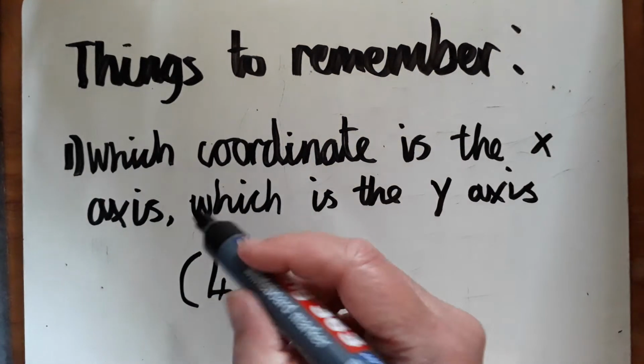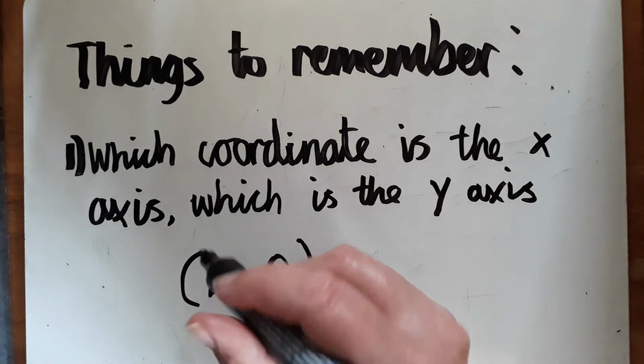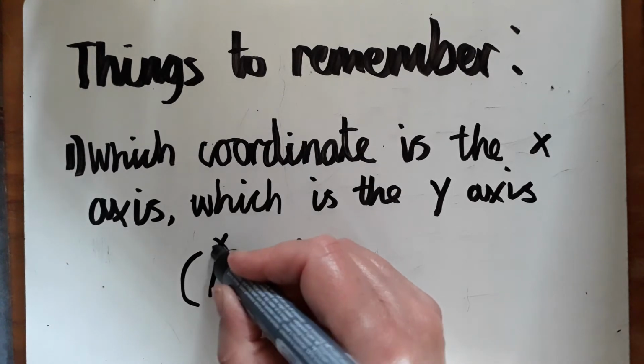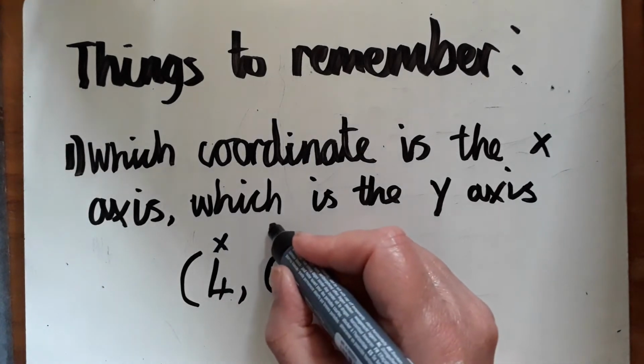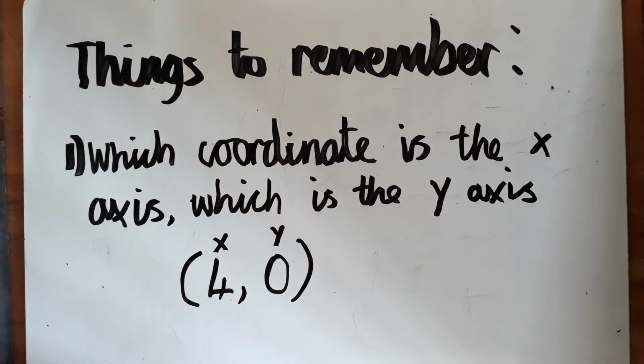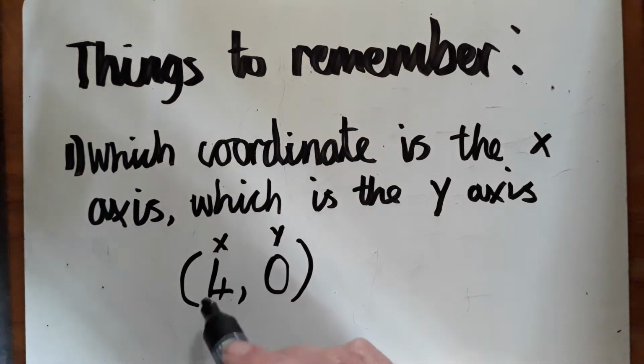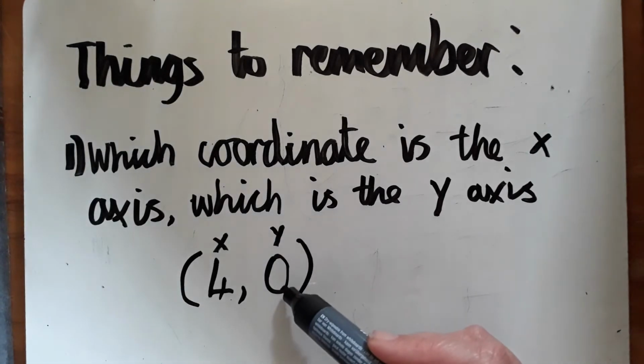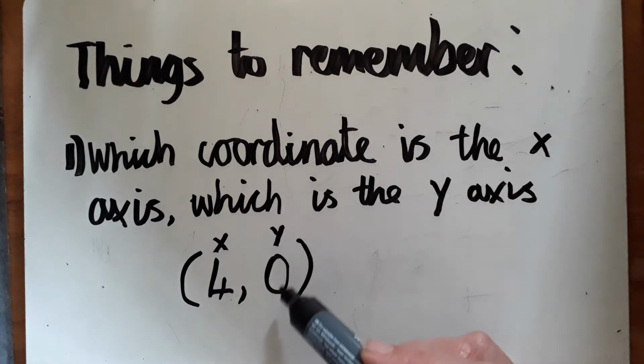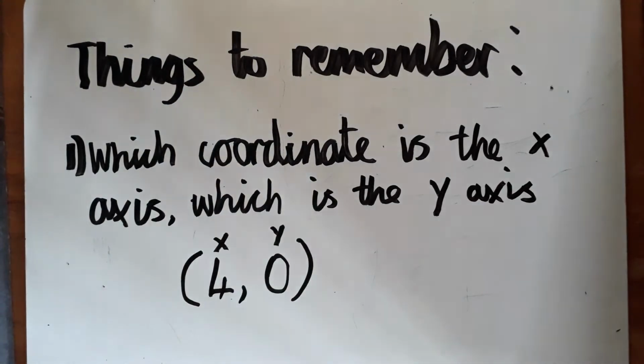Okay, so that basically should help you with this one is the x and this value is the y. This one tells you how far you need to go left or right, and this one tells you how far you need to go up or down.